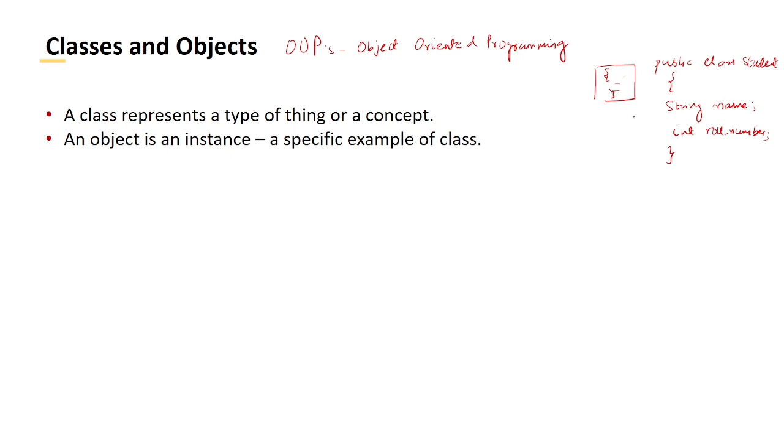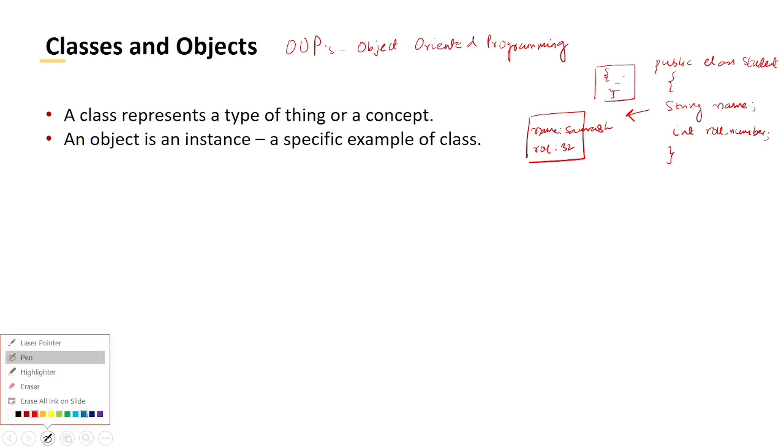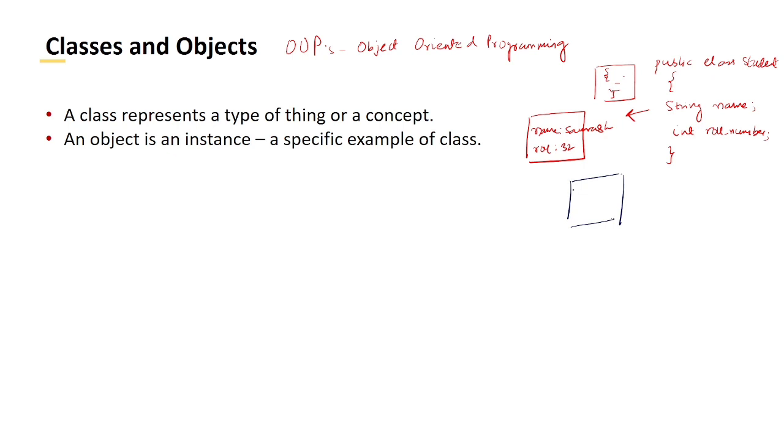But when we make an object, let's say we have a student and that student has a name and has a roll number. Let's say the roll number is 32 and the name is Saurav, right? Then let's say this is one student, and let's say there is another student whose name is Vaishnavi and the roll number is 64.